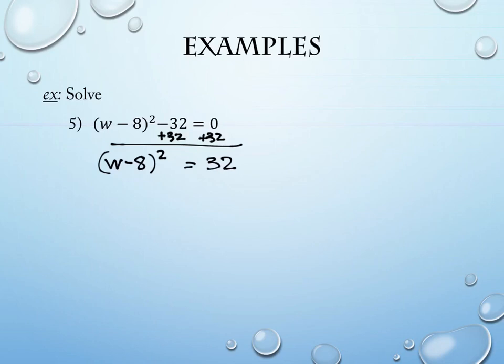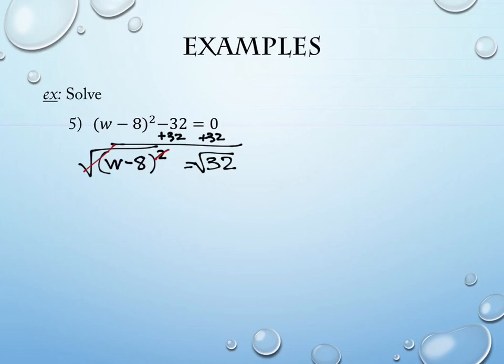That's not the way it works. That only works when it's set equal to 0. But what I can do is what I did in the last two problems. I've got something squared on the left, and I can eliminate the square by taking a square root. The square and the square root are inverse operations, and they go away.